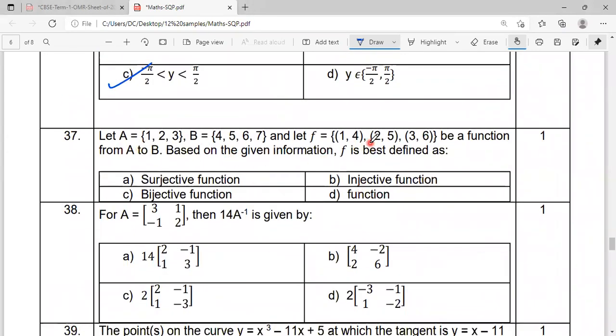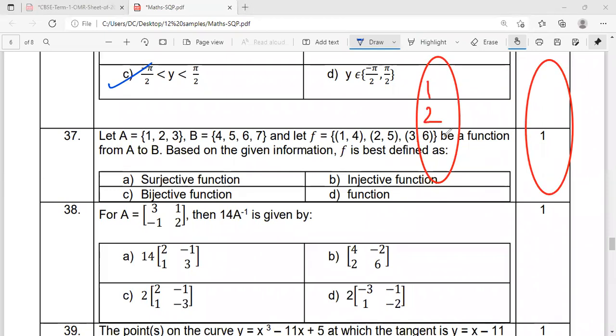If A is this, B is this, then the function from A to B, which of the following is best defined as. Now you can visualize these two sets a little bit: here you have A, here you have B, and A is 1, 2, 3, and B is 4, 5, 6, 7. 1 is associated with 4, 2 is associated with 5, 3 is related with 6, and 7 is not related with anyone.